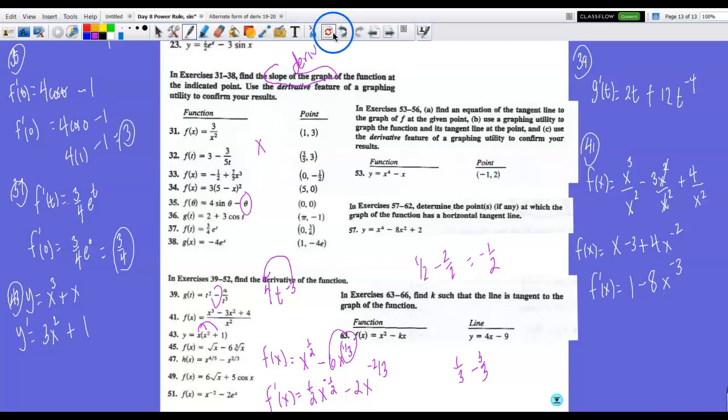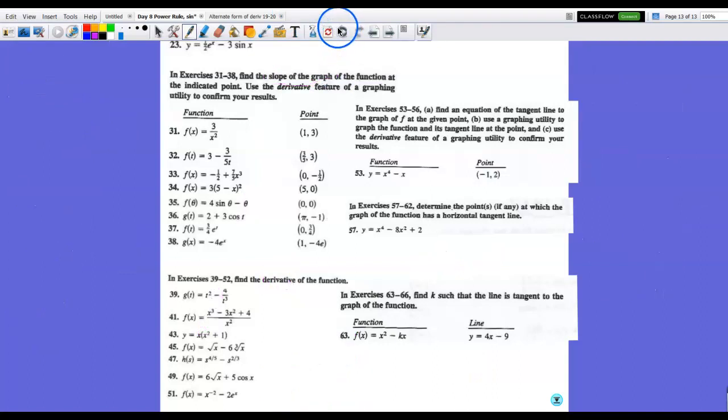All right, I'm going to clear the screen and give myself some more room here. We've got number 47. In number 47, I'll start back up over here, except let me change the color.